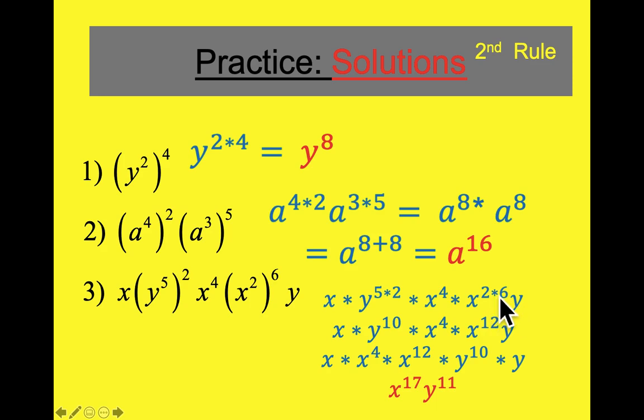When we perform those multiplications, we end up with a y raised to the 10th and an x raised to the 12th. Then we use the product rule to combine the x values and the y values. Here are all the x values listed together, and we'll add these exponents. Here are the y values, and we'll add those exponents. So this ends up being x to the 17th, y to the 11th.